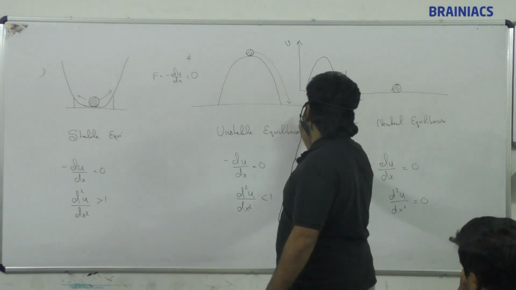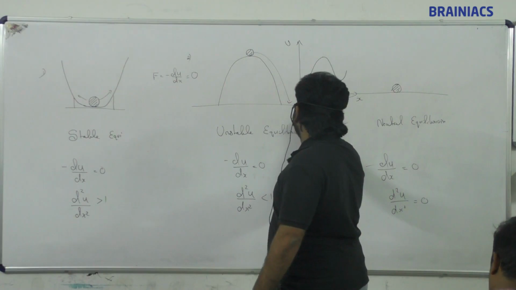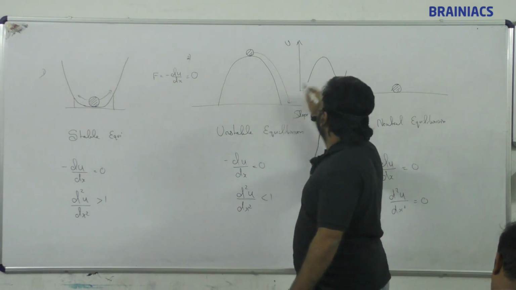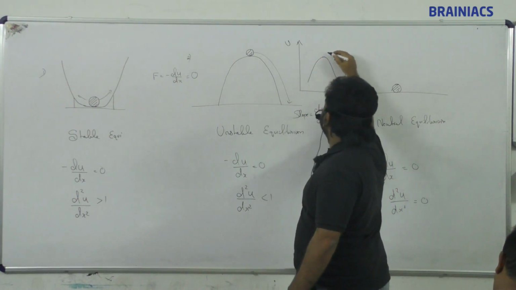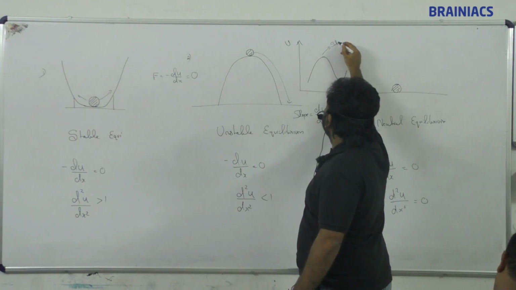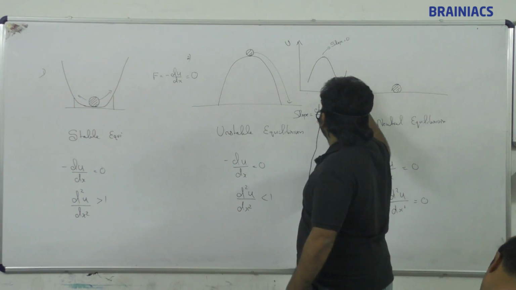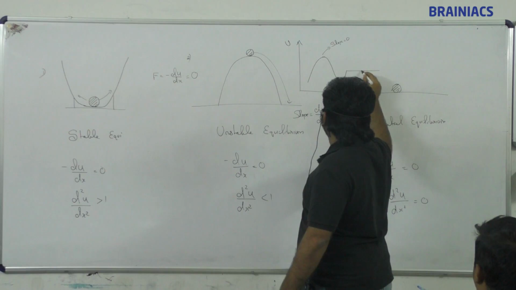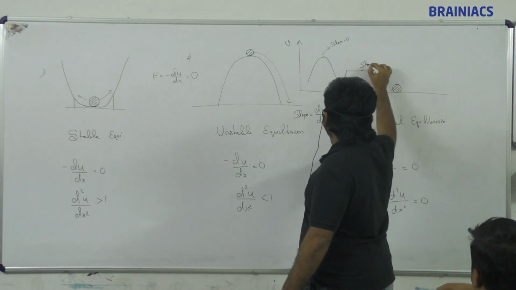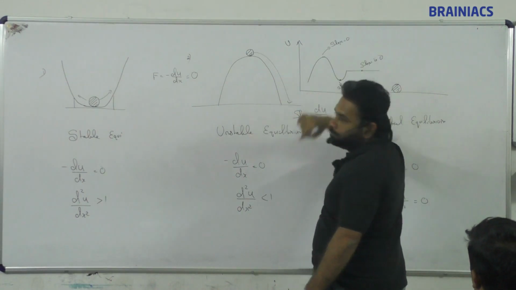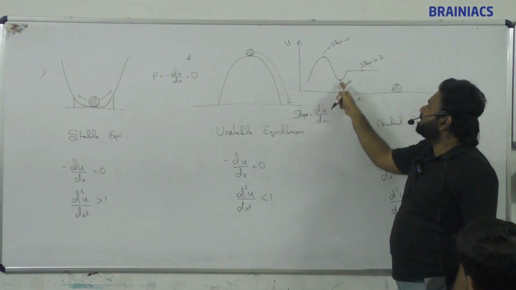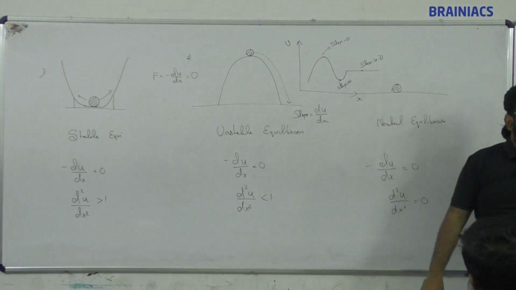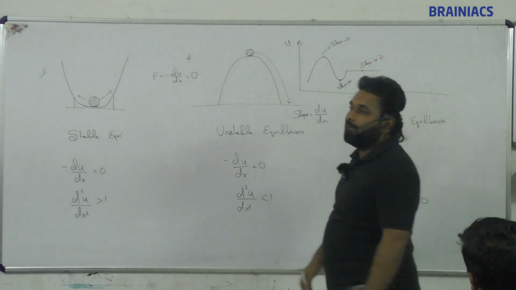Du by dx is slope. So wherever slope is 0, here slope is 0. And here also, slope 0. So all these 3 points are equilibrium.